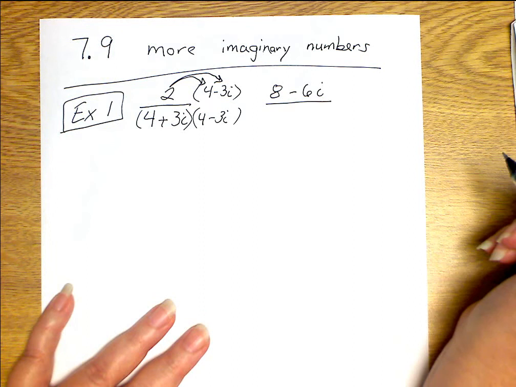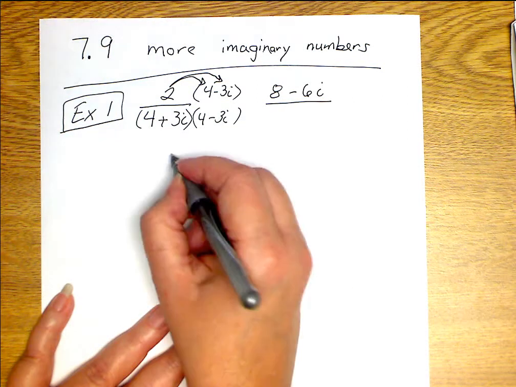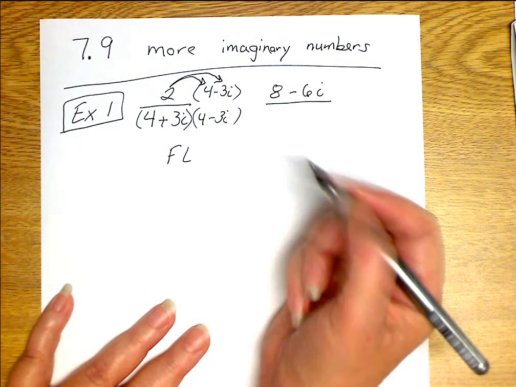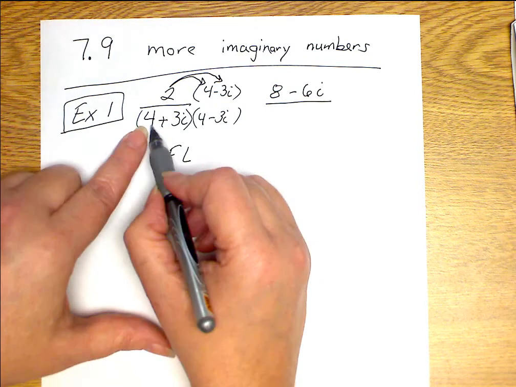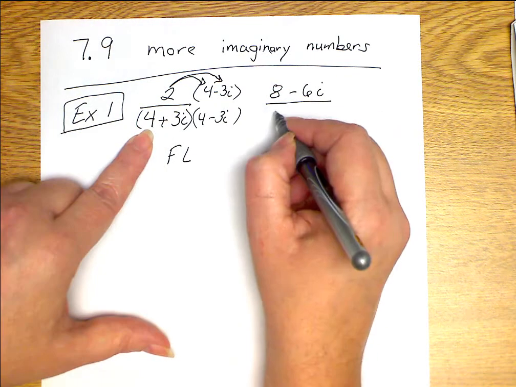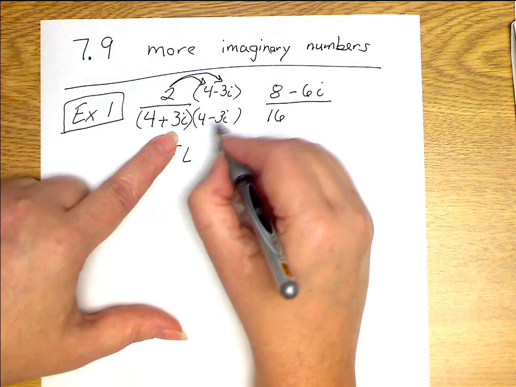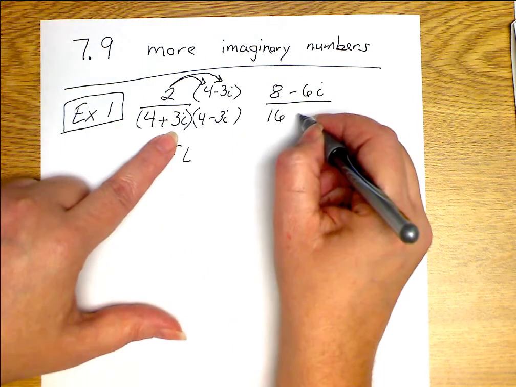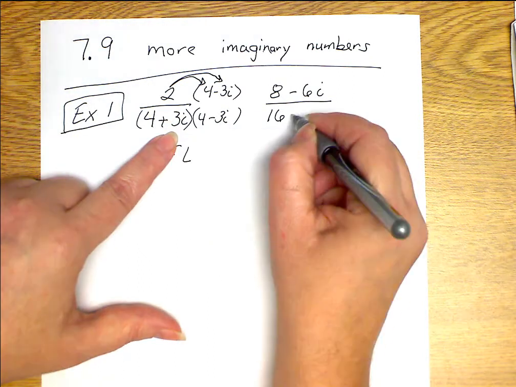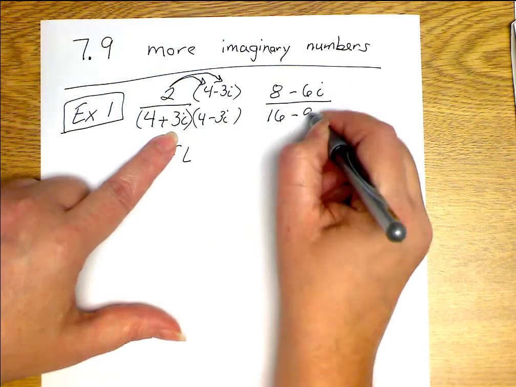They cancel out. So remember, you can always do the first and last. So 4 times 4 gives me 16. And last is 3i times negative 3i, which would be negative 9i squared.